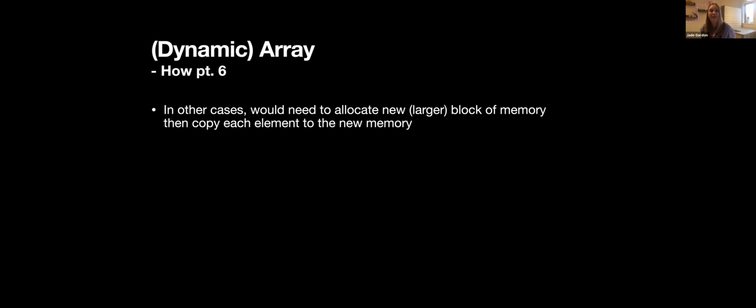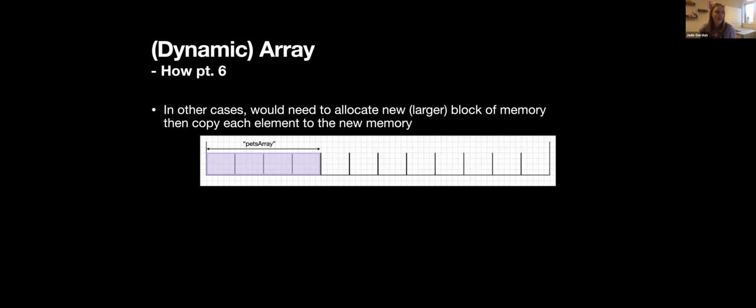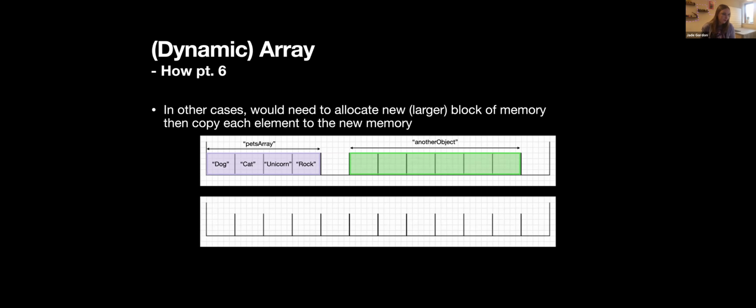If you could click, please. So we've got pets array here, and we've been adding elements to it. But in the meantime, if you click again, something else has been allocated. So now if we want to add dragon, we can't easily do that. So in some completely other part of memory, we'd allocate a chunk that's going to accommodate all of our elements.